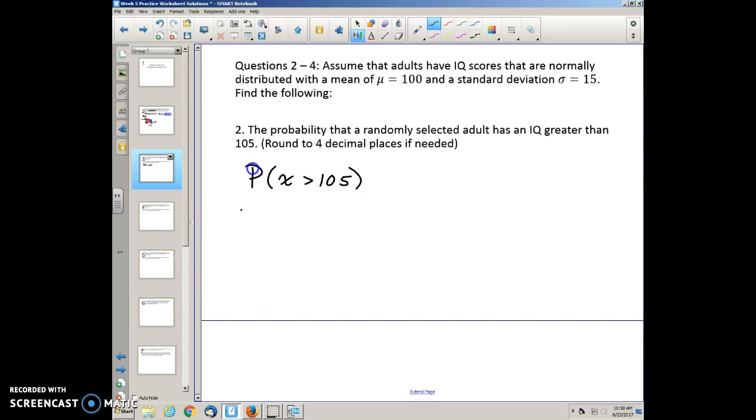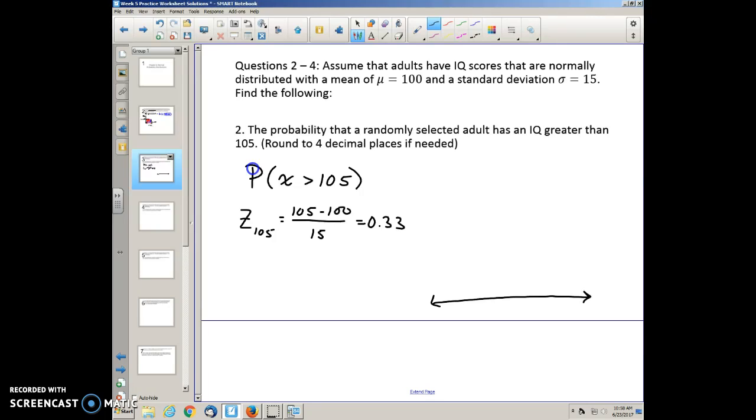First thing we have to do, though, is convert our random variable to a z-score. The formula is x minus mu over sigma. This will give us 0.33. Z-scores are always rounded to 2 decimal places.